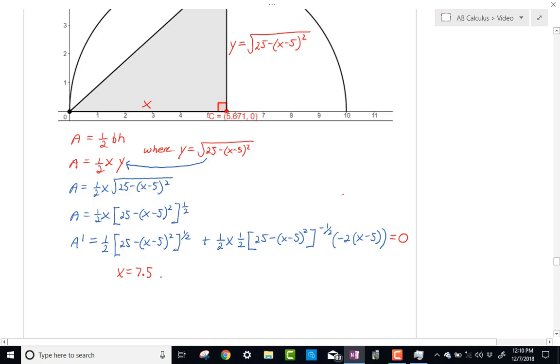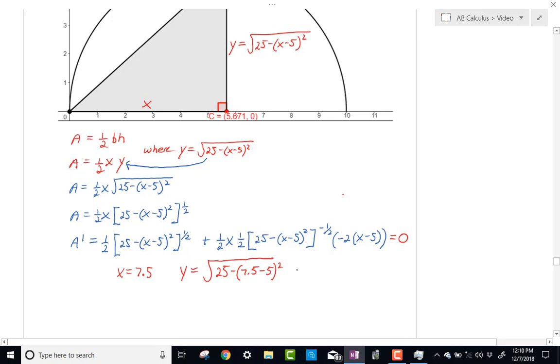Okay, so once we know x is 7.5, we can plug that into our function. Remember, our function was y equals the square root of 25 minus 7.5 minus 5 squared.